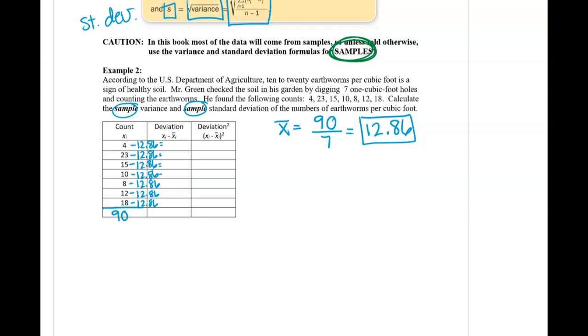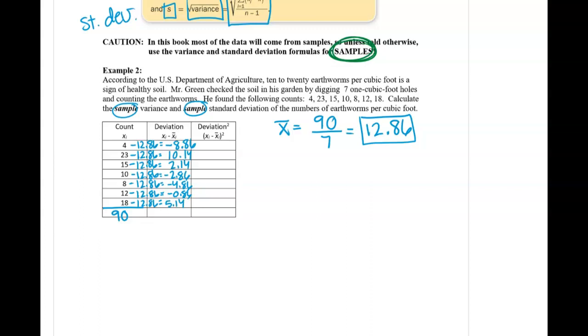Equals, equals, equals, and we end up with negative 8.86, 10.14, 2.14, and I have these written down. I would not be able to do this fast. Negative 2.86, negative 4.86, negative 0.86, and 5.14.